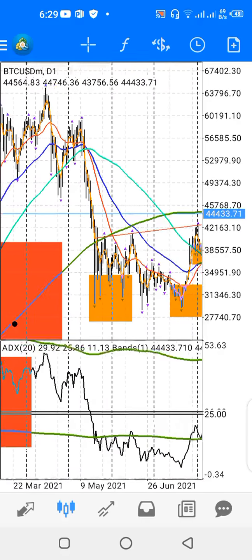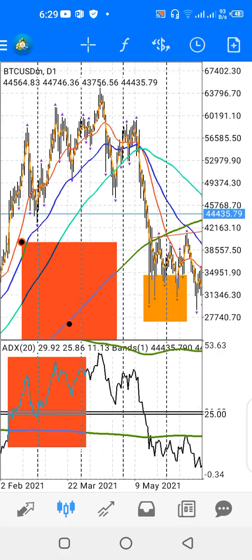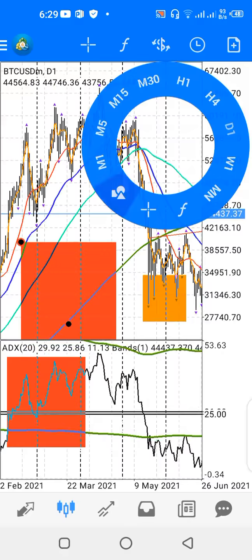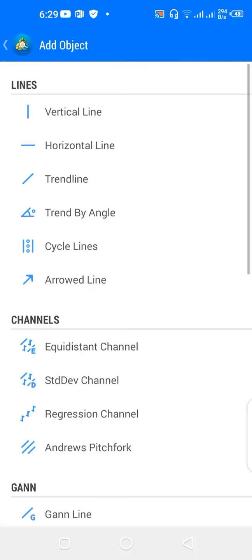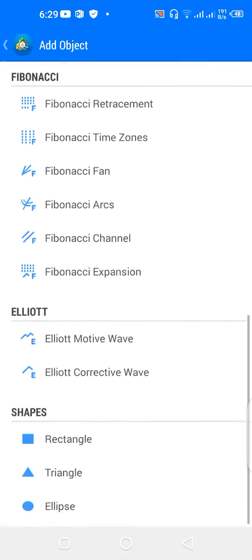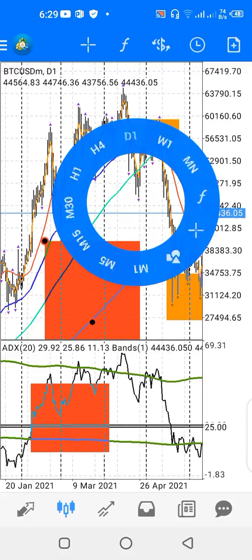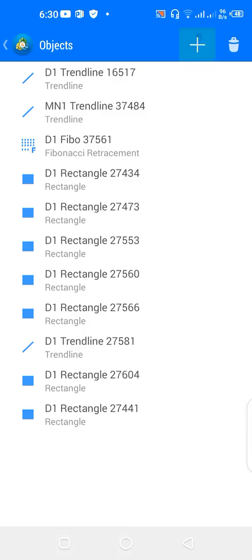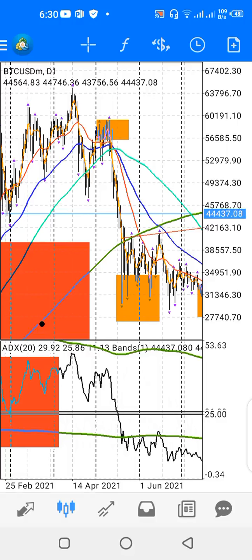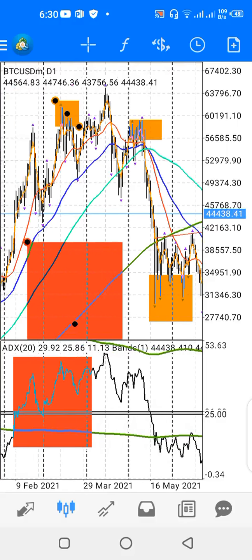And we can see what happened around here. We had head and shoulder here. This is the right shoulder, this is the left shoulder, and this is the head.